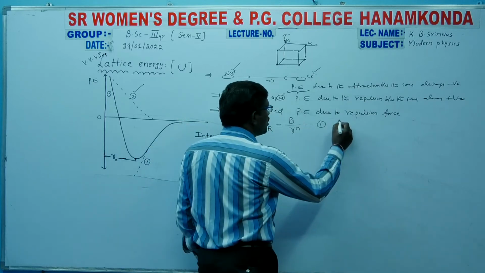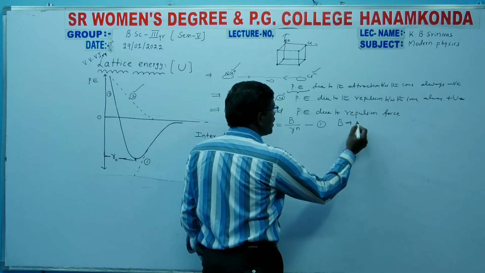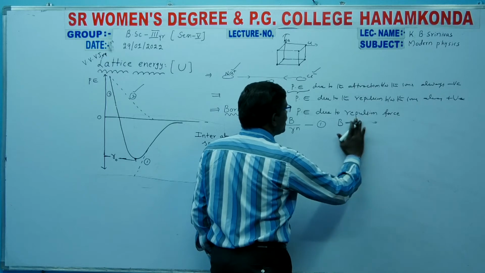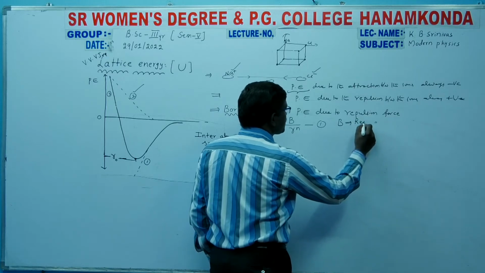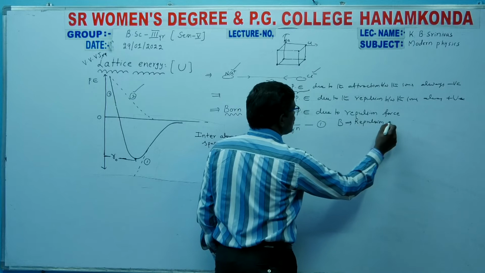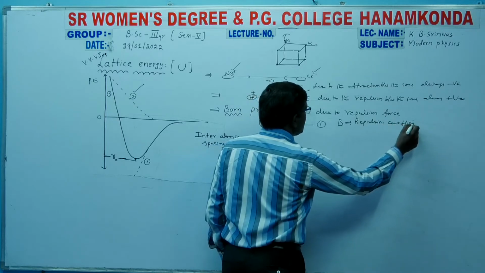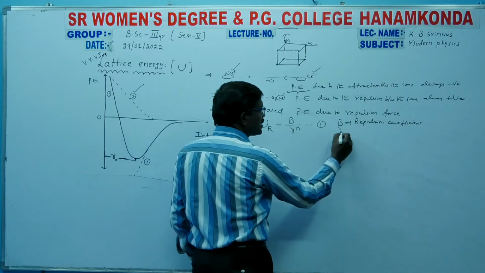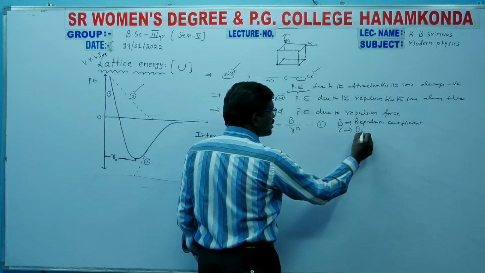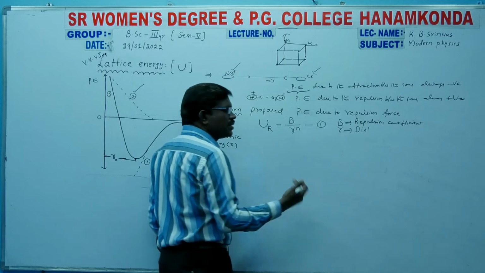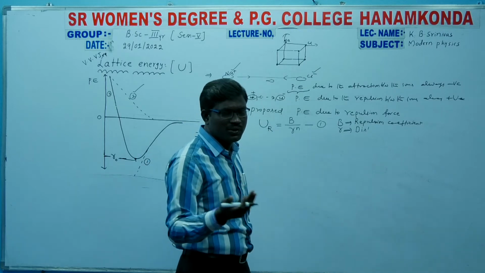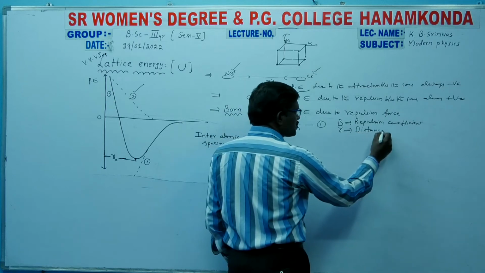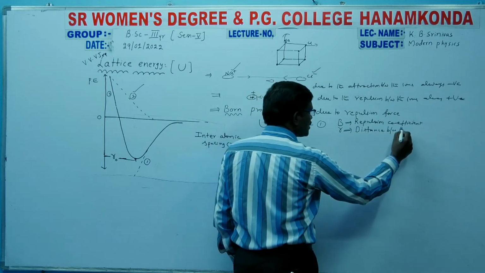B is the Born coefficient, or you can say the repulsion coefficient. It is a constant value, and small r is the distance between the ions at which, instead of observing attraction force, we observe repulsion force. This is the distance between the ions.